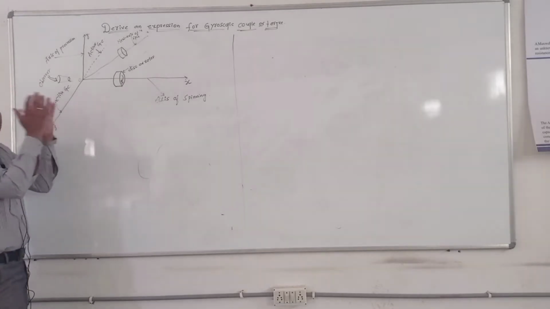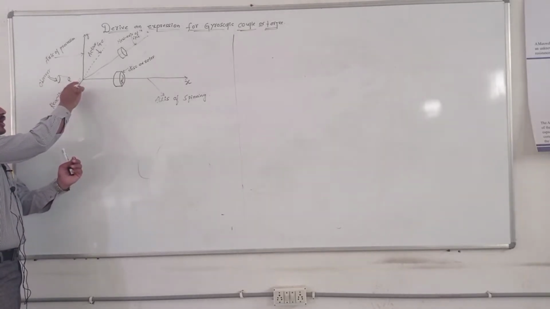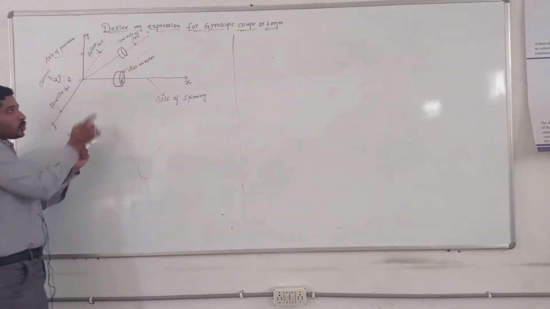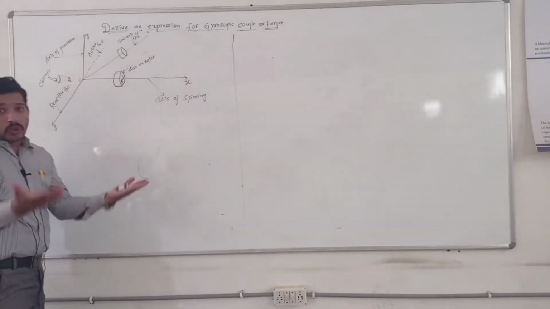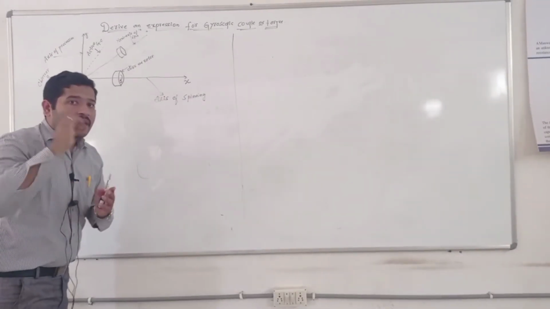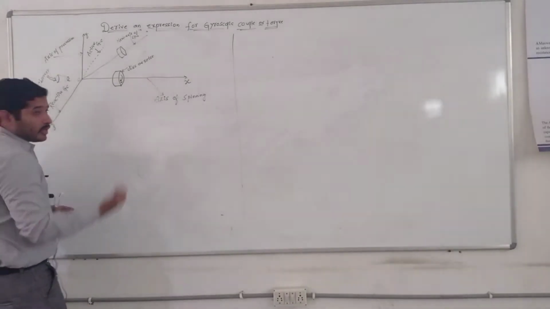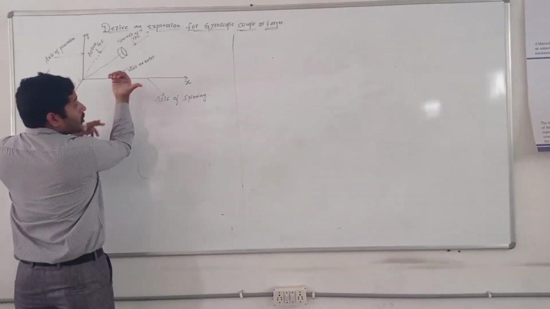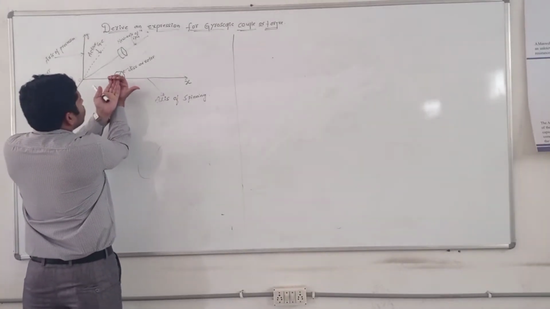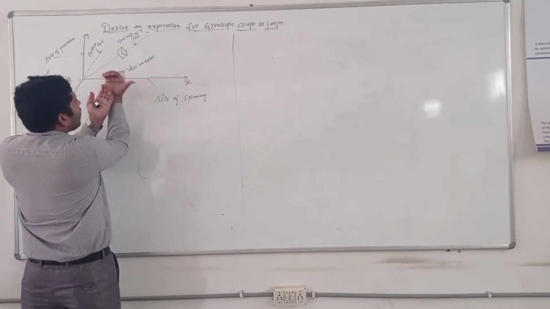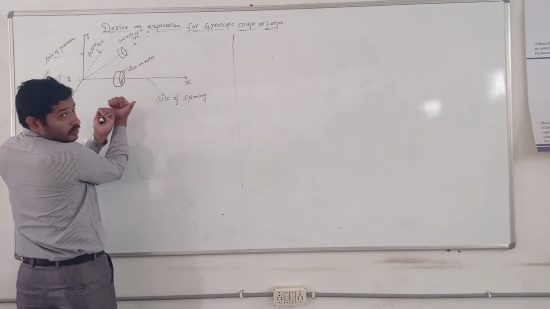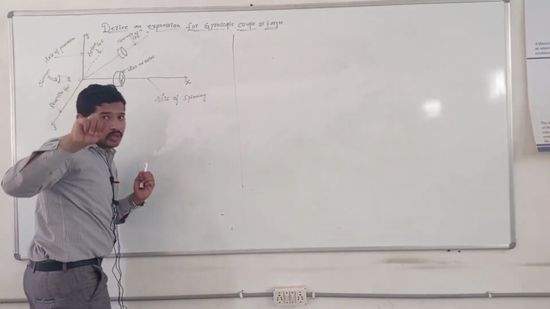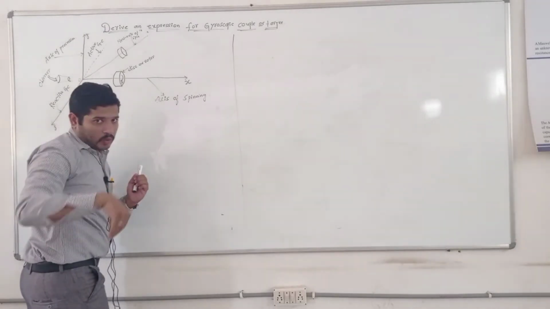The observer observes from the origin point O, and the disc is rotating. How is it rotating? We don't know, but we find out with the help of the right hand screw rule. The thumb indicates the momentum, and the curl of the fingers indicates in which direction it is rotating, clockwise or anti-clockwise.